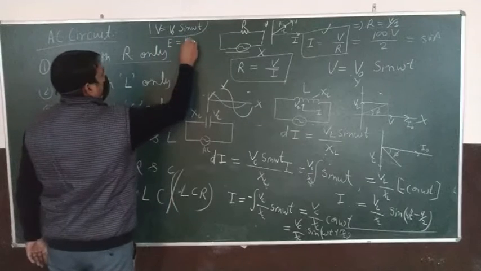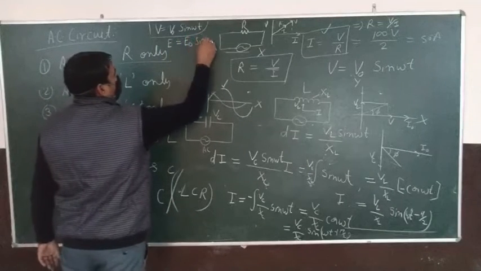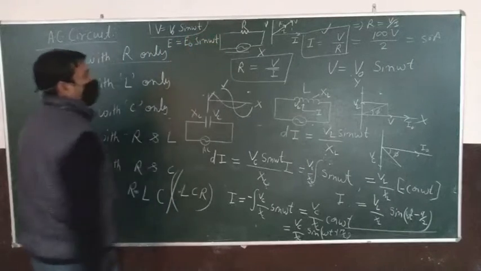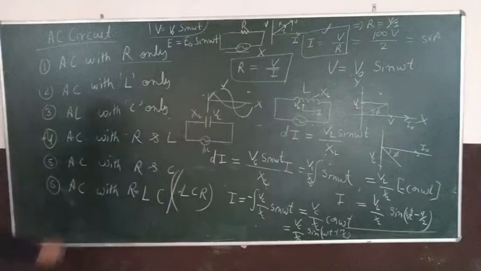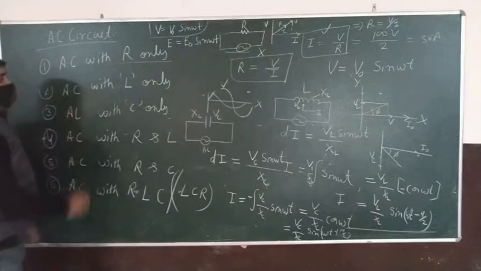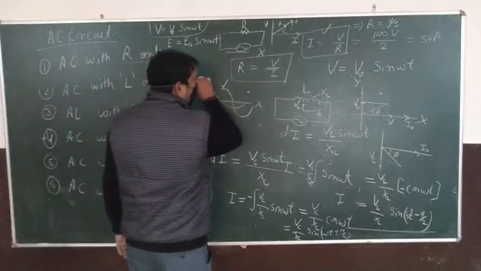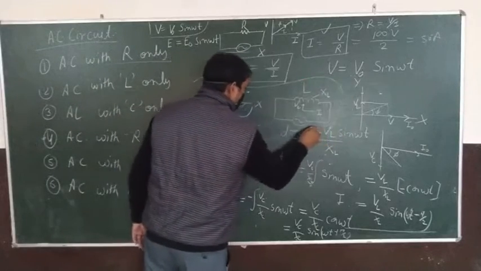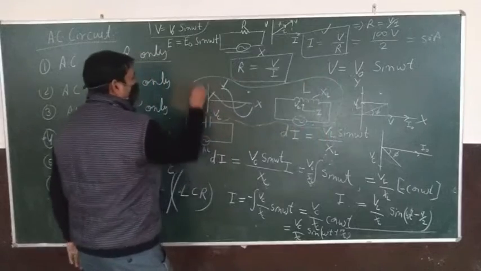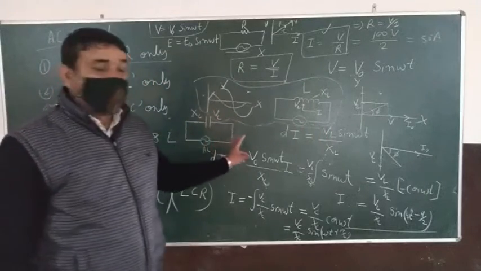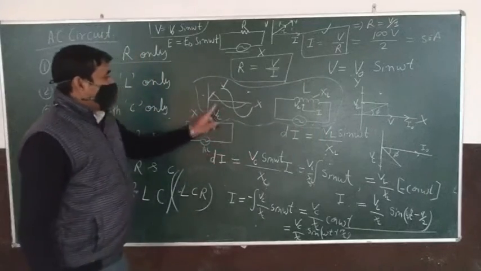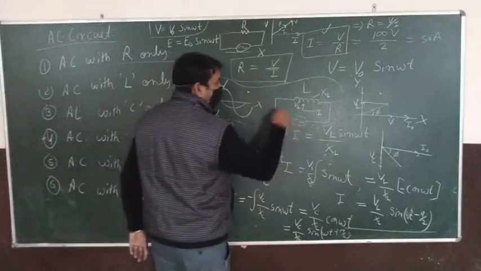In many books they use E naught sin omega t, and it is the same thing. Second is the AC circuit with inductor only. This is the diagram for this. When the AC circuit is linked with only an inductor, then we observe the circuit in this way.